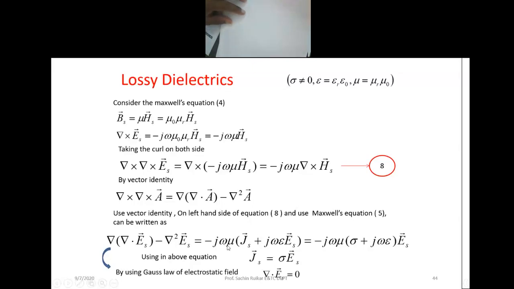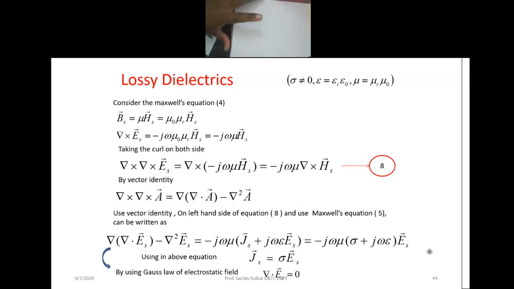Now here you see that this factor is 0. Del square A is equal to minus j omega mu sigma plus j omega epsilon. We get this term because this medium is a lossy dielectric medium.